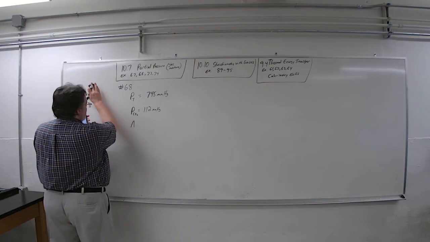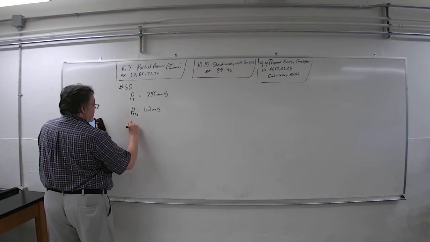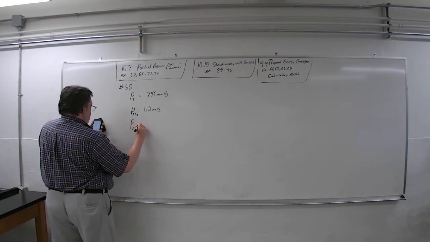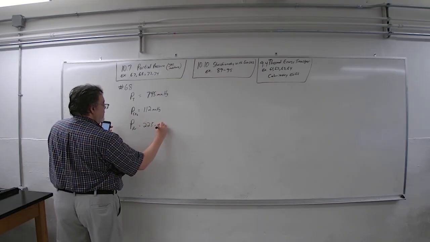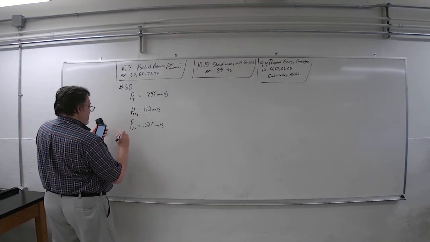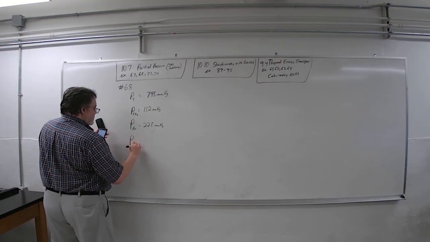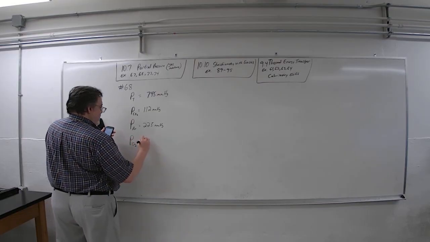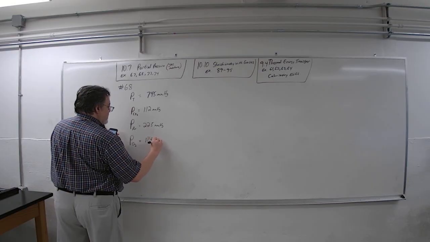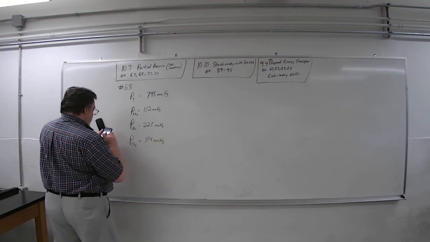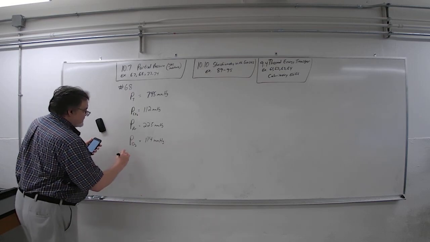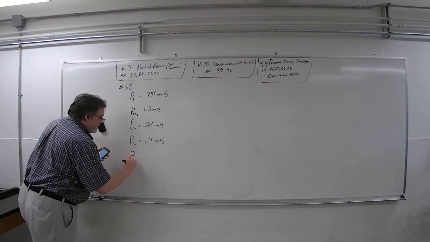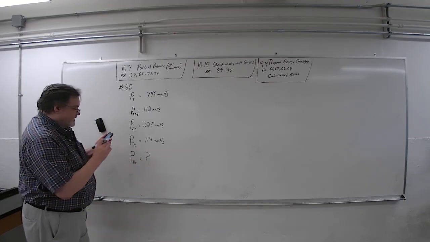Argon, pressure by argon is 225. Pressure from O2 is 114. And it's saying there's also some helium in there, and what's its partial pressure?